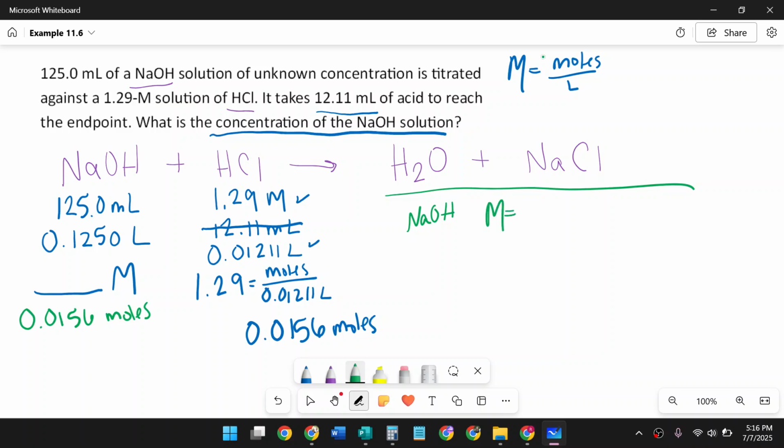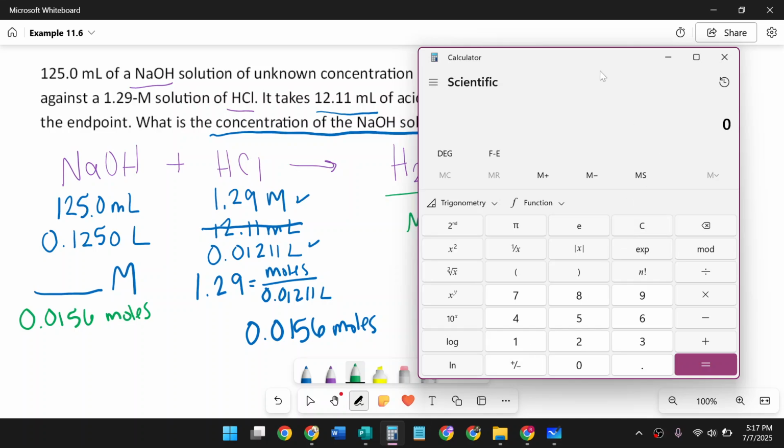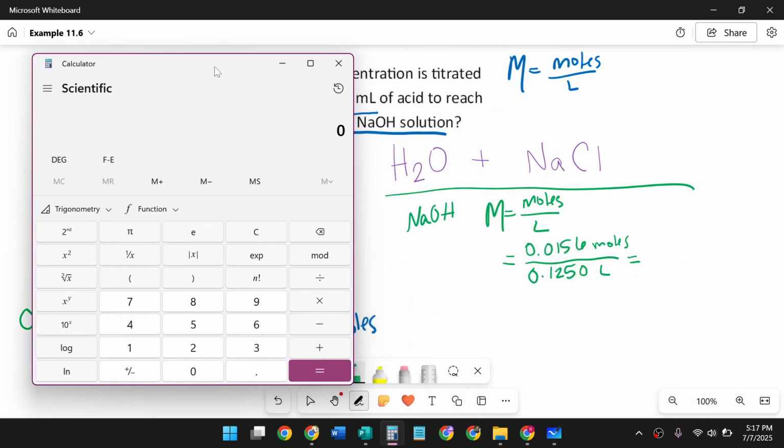So molarity is moles per liter. So let's fill in what we know. We want to know the molarity, so we're going to leave that blank. Moles is 0.0156 moles, and then we had 0.1250 liters. Like my calculator is always on the side where I don't want it to pop up.